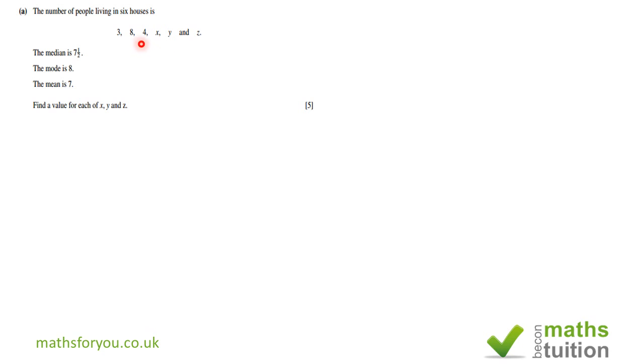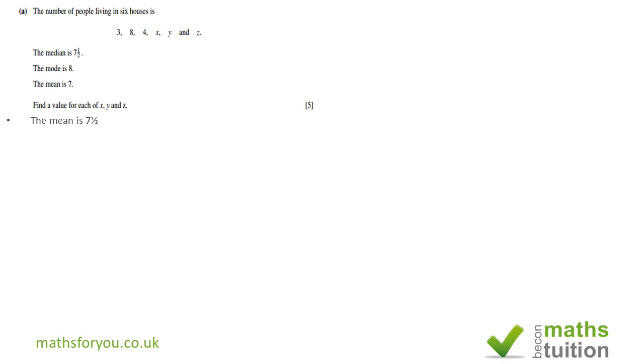Secondly, because 6 is an even number, the median value has got to come between the third and the fourth values. And so if we assume that the fourth value is 8, we need to find X.